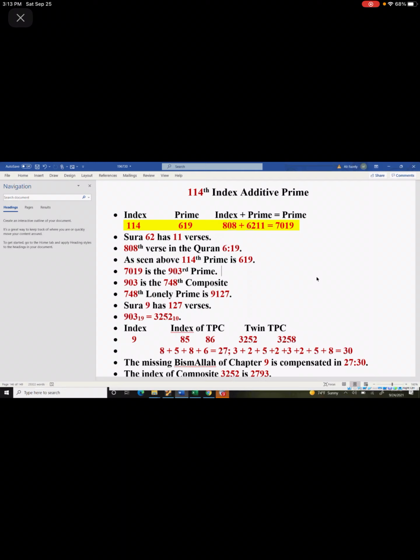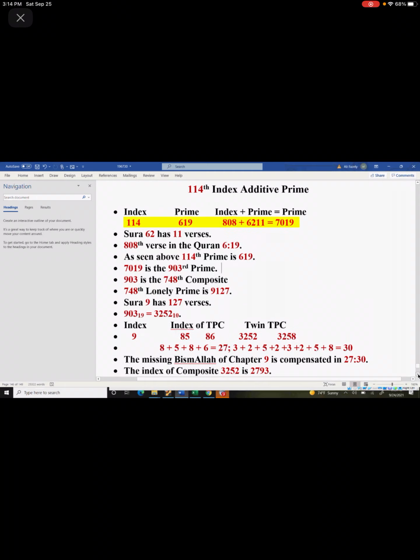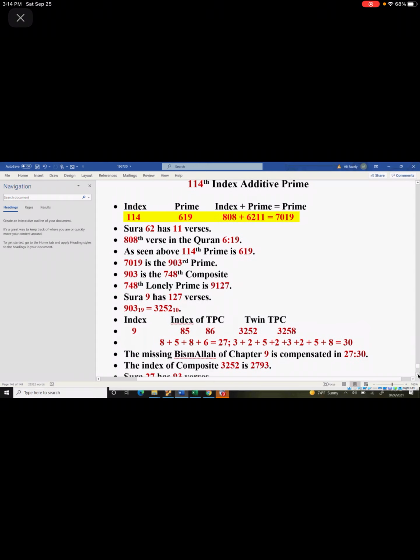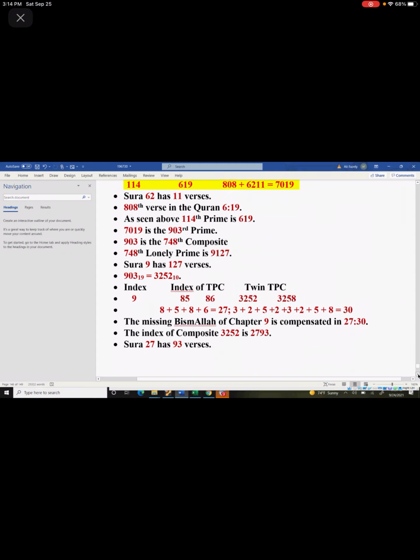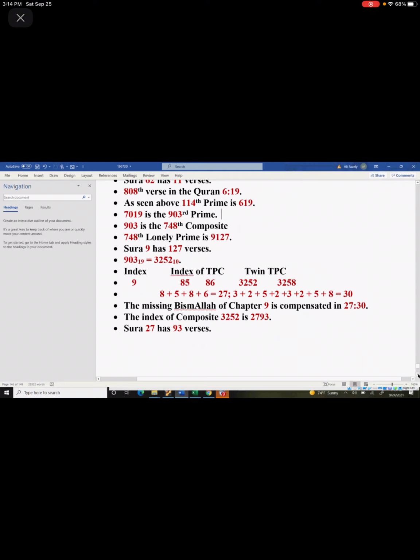So again, Surah 9 has 127 verses. 903 in base 19 is actually 3252 in base 10. I've talked about this in the conferences: the ninth 20 TPC, which are 3252 and 3258, are the 85th and 86th TPC individually. If we add the digits of the indices, 8 plus 5 plus 8 plus 6, it is equal to 27.